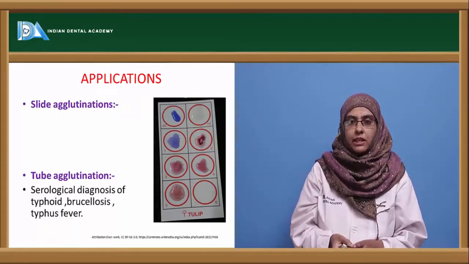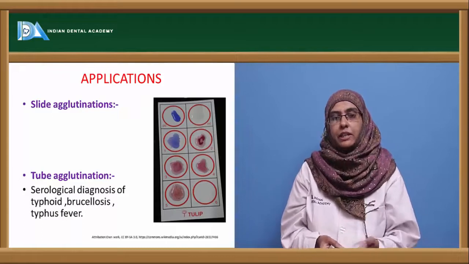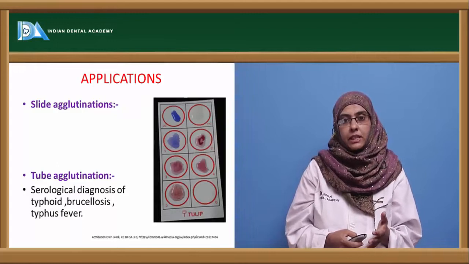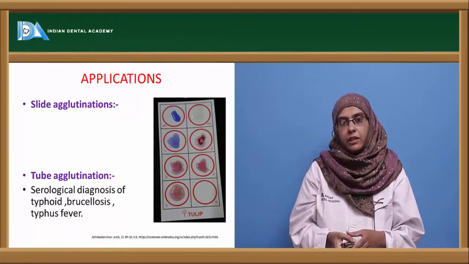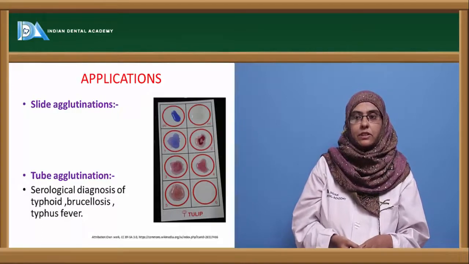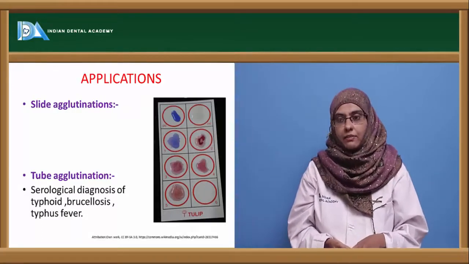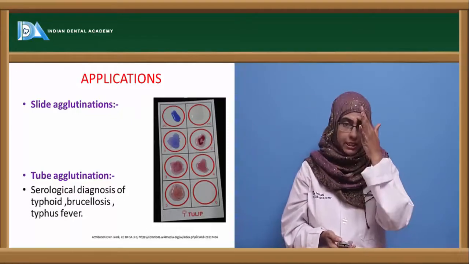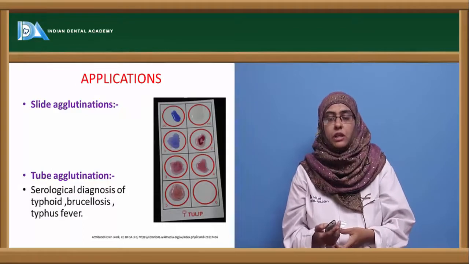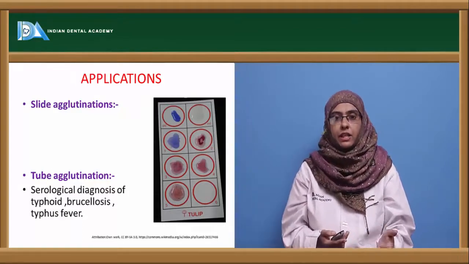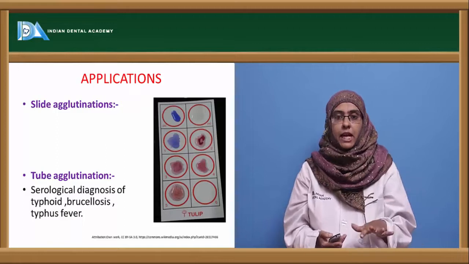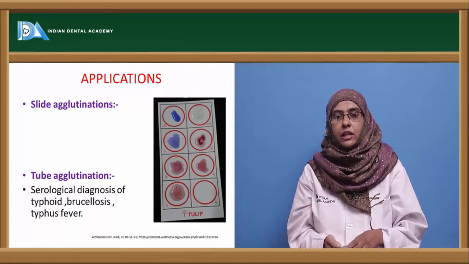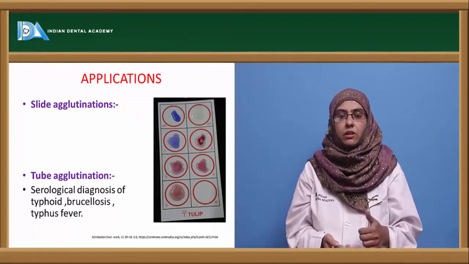This slide agglutination test can be used for a variety of tests, to identify blood groups, to identify the organism causing typhoid, etc. Apart from that, you can also use the tube agglutination test, which is a serological diagnosis for typhoid, brucellosis or typhus fever. In the tube agglutination test, the antigen and antiserum are mixed in equivalent proportion in a test tube, which helps in identifying either the antigen or the antibody by the formation of agglutination or clumps. In typhoid, it is used to detect the H antigen or the O antigen.